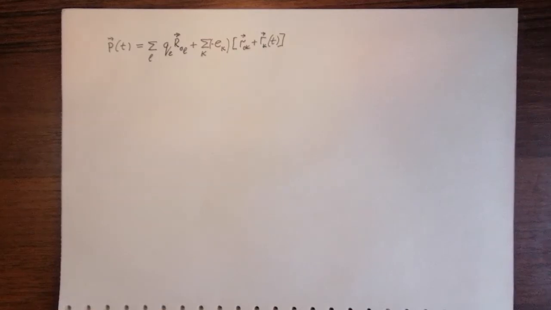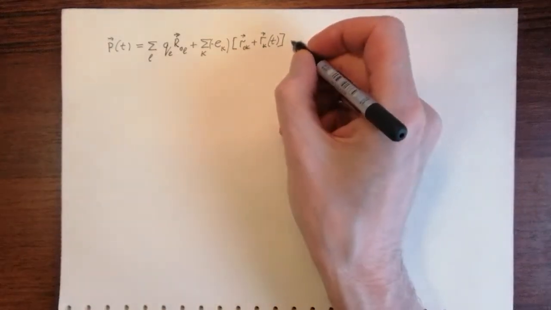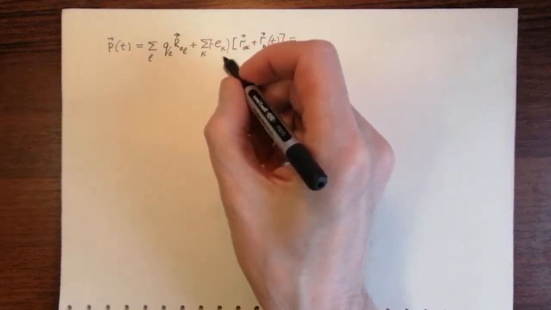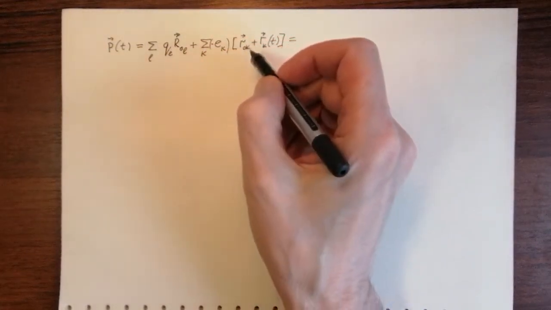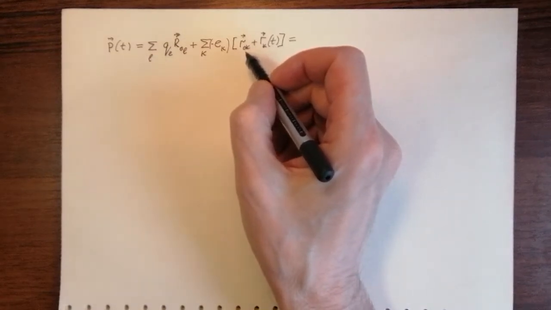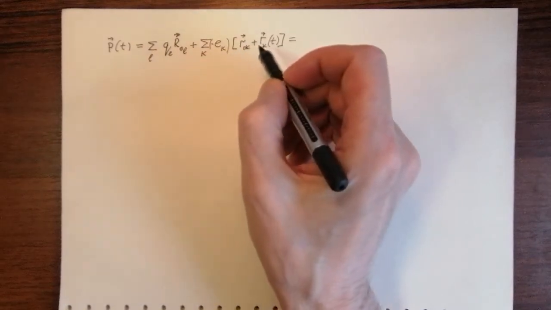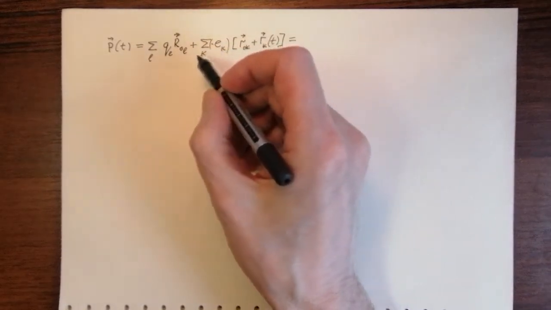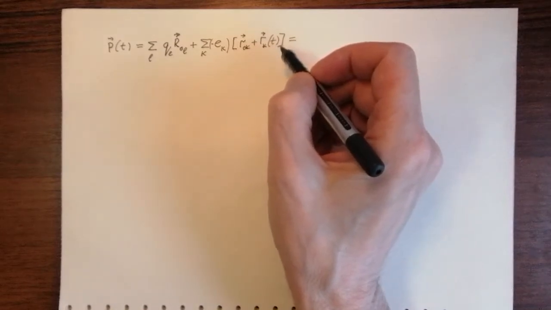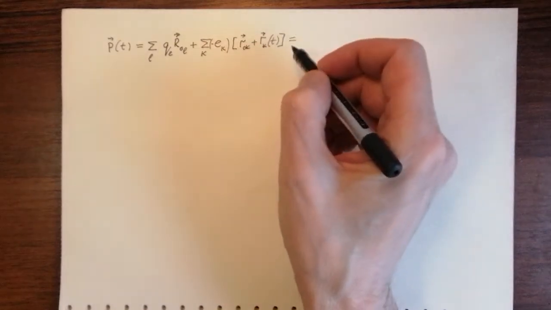Now we can rewrite this. We will group these terms which belong to the equilibrium location of atoms, electrons and nuclei, and this shift against the points of equilibrium.